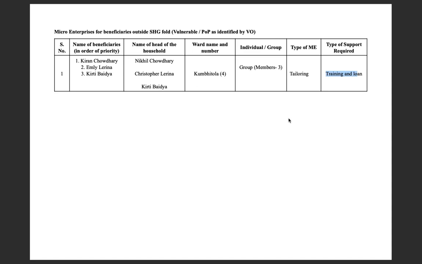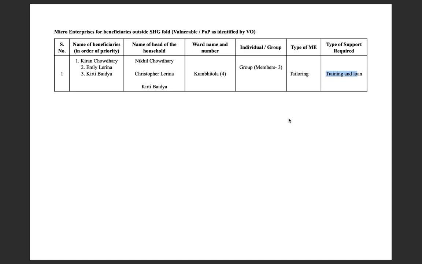In a very similar way, when a VO summary sheet or consolidation sheet for livelihood is being prepared, it is important that the numbers for the people who are interested in individual farming, group farming, individual animal husbandry, group animal husbandry, individual micro enterprise, group micro enterprise under an SHG are listed down.